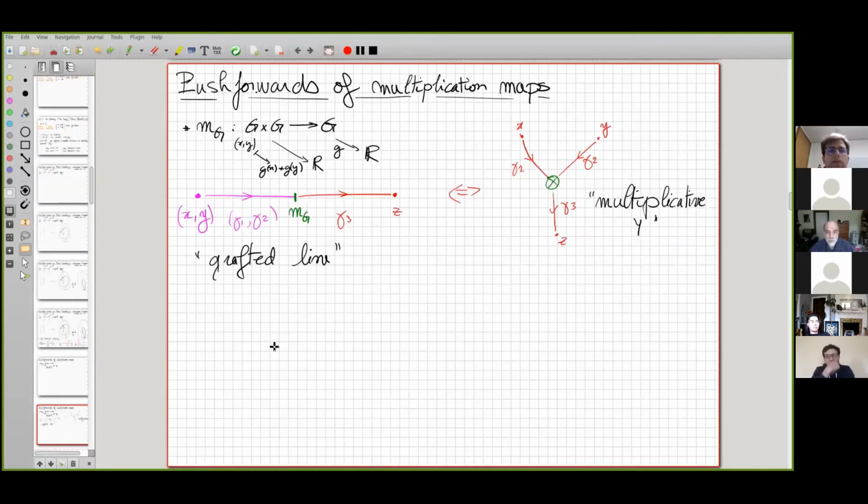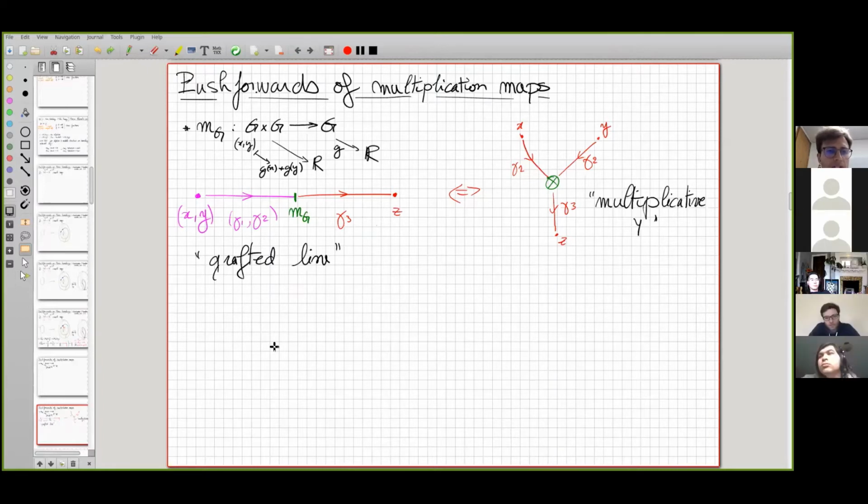Okay, and then you want to do the former construction, and it turns out here that counting these grafted lines is equivalent to counting what I'll call multiplicative Y's. So the component in G times G just has two components, gamma 1 and gamma 2. And you can kind of unfold these and then it just gives you these two things. It's just another way of writing the same thing. Okay.